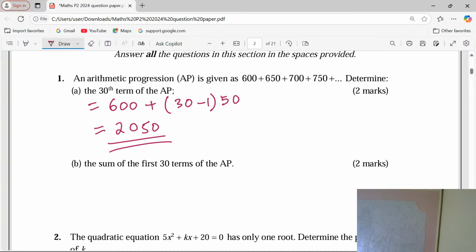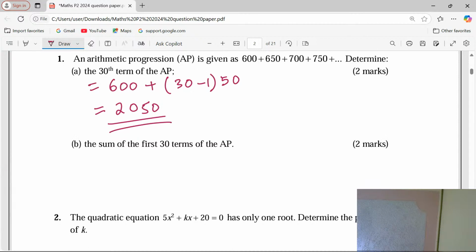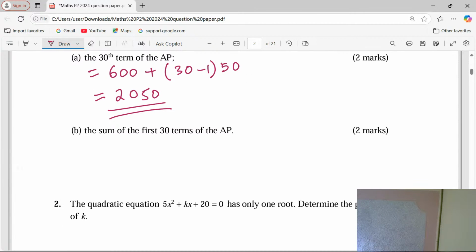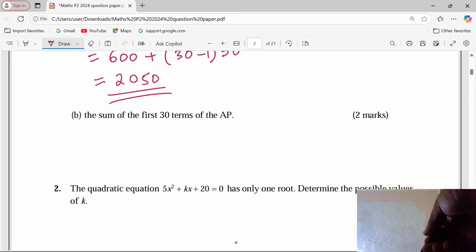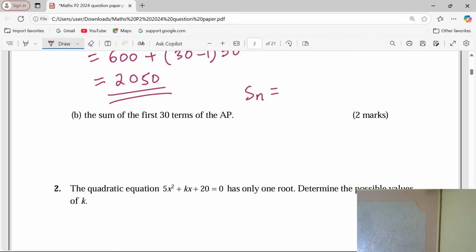Yeah, then we continue. Part B. Determine the sum of the first 30 terms. The sum of a given number of terms in an AP, arithmetic progression, is usually given by n over 2 into 2 multiplied by a, then plus n minus 1 multiplied by d, d being the common difference.